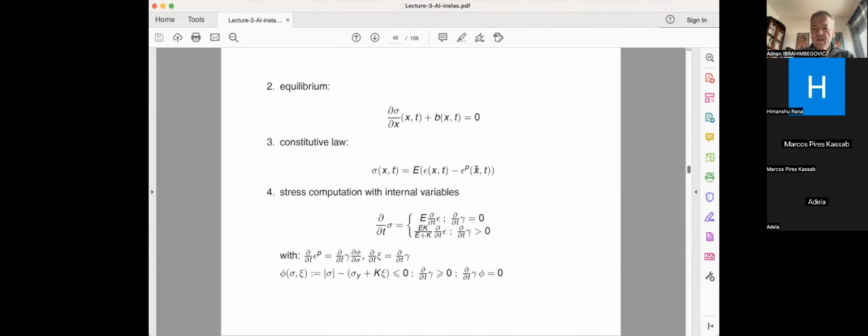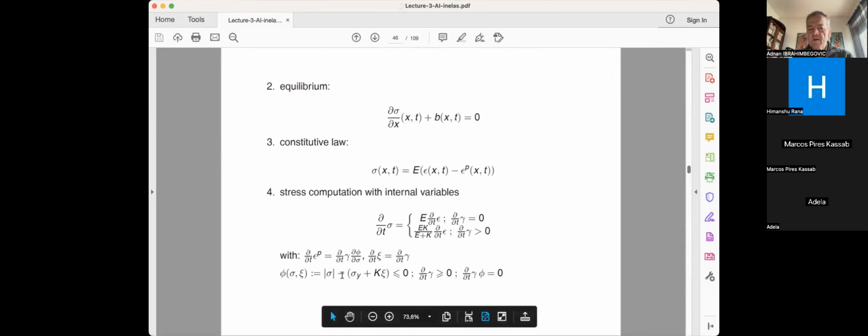Then I can take the constitutive equation for linear hardening that I just got. So sigma is equal to E times (epsilon, the total strain, minus epsilon plastic, the plastic strain). And then I can get my computation either in terms of this stress rate equation, in other words, having an elastic domain when gamma dot is equal to 0, with sigma dot equal to E times epsilon dot, or having sigma dot as E K divided by the sum of E and K times epsilon dot when gamma dot is positive.